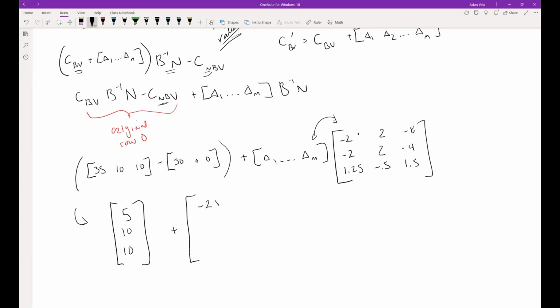Minus 2 delta 1, minus 2 delta 1, and no. Sorry, I did that wrong. Row times column, row times column, row times column. Okay, so minus 2 delta 2 plus 1.25 delta 3.